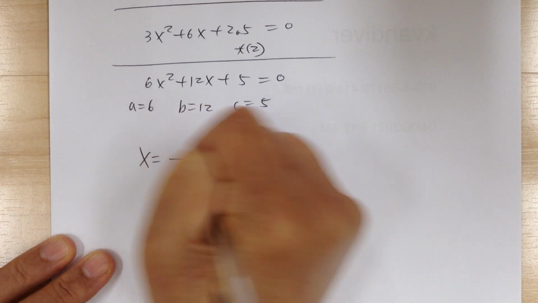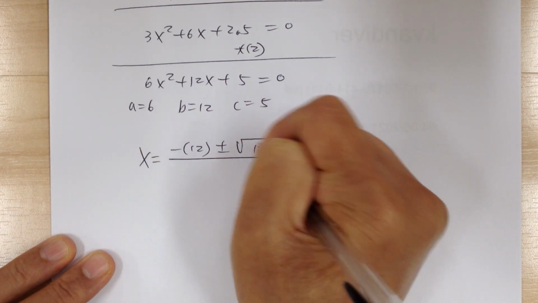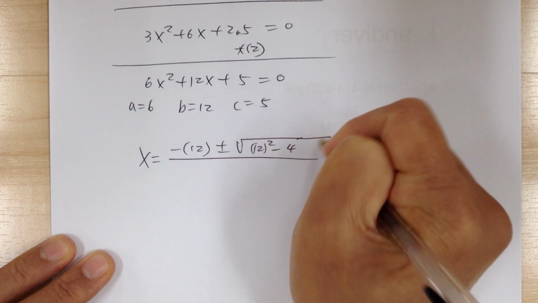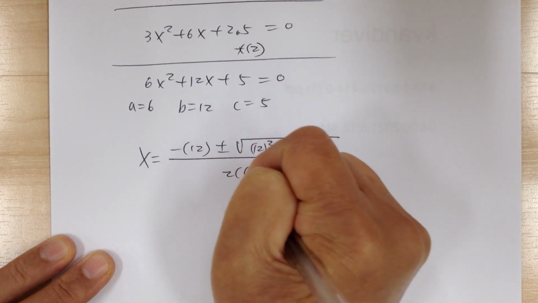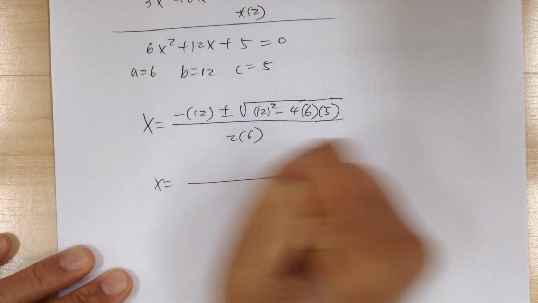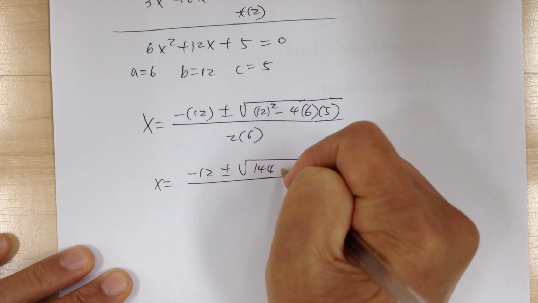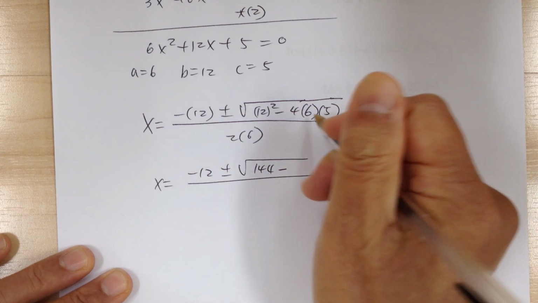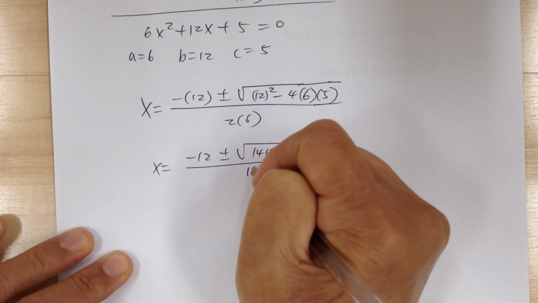So I get x equal to negative b plus or minus square root of b squared minus 4ac over 2a. So x equal to negative 12 plus or minus square root of 144 minus 120 over 12.